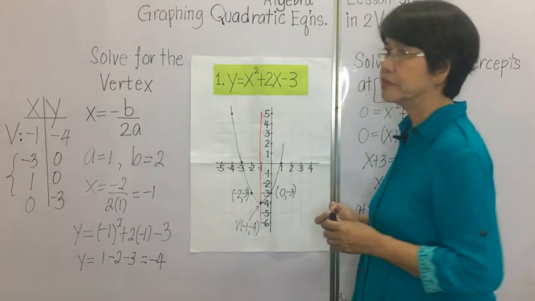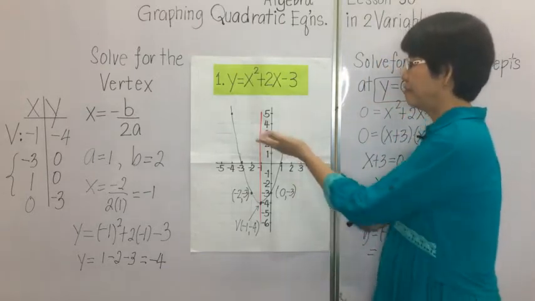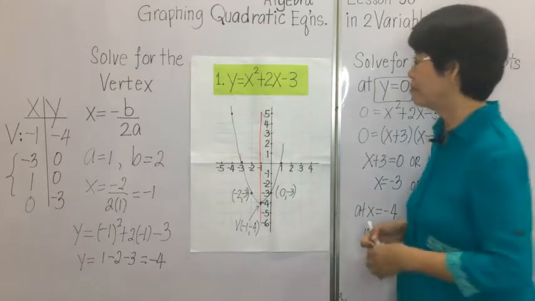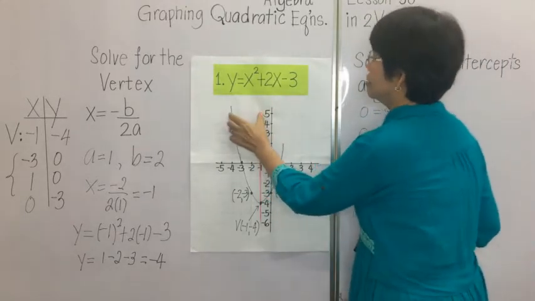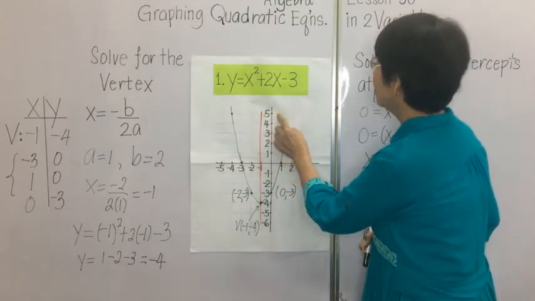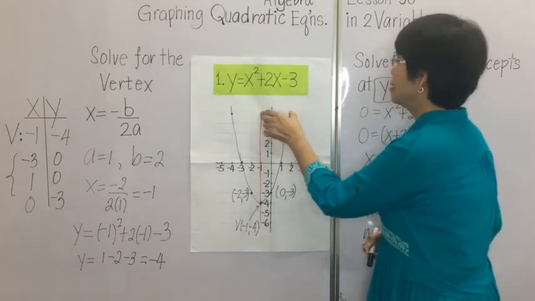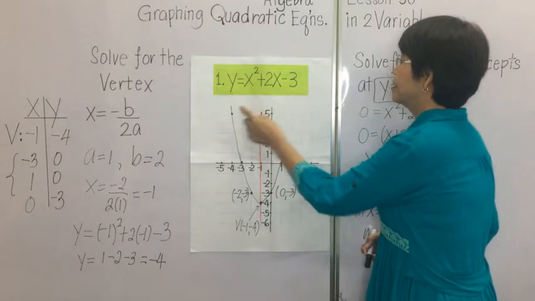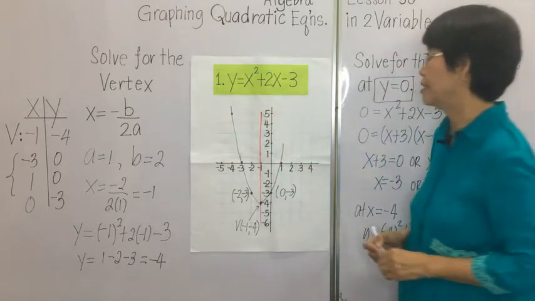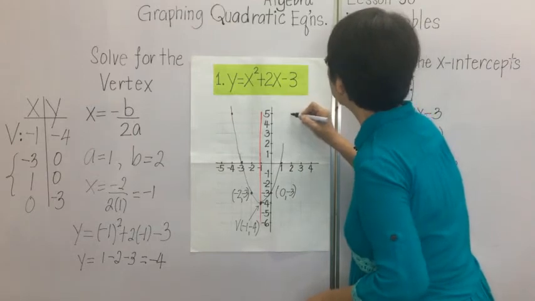And then we can reflect this point to the other side of the parabola. So this is 3 units away from the line of symmetry. So we can have another point here reflected 3 units away from the line of symmetry. And we have another point here.